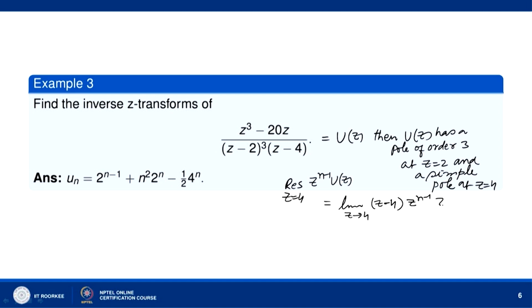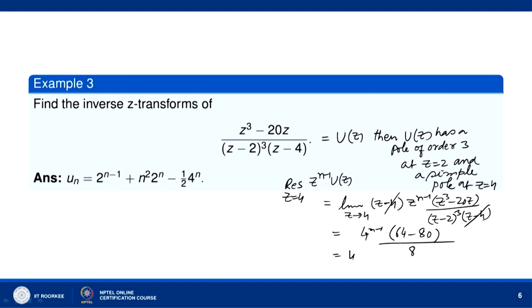U(z) is z cube minus 20 z divided by z minus 2 whole cube into z minus 4. So, you can see z minus 4 will cancel. Now, we can find the limit as z tends to 4. So, 4 to the power n minus 1, and then we have 4 cubed, which is 64 minus 80 divided by 4 minus 2 cube. So, that is 2 to the power 3, which is 8. Okay.